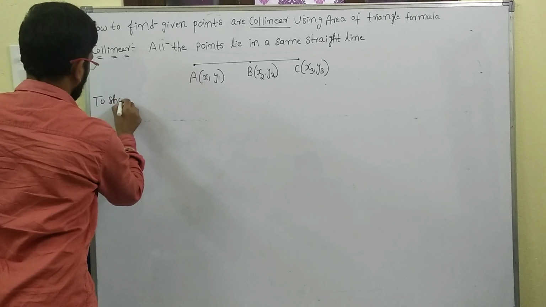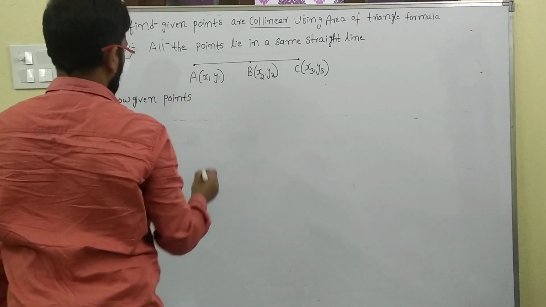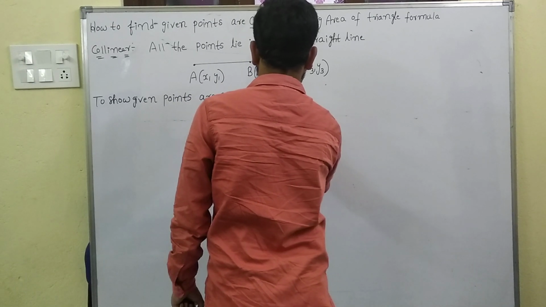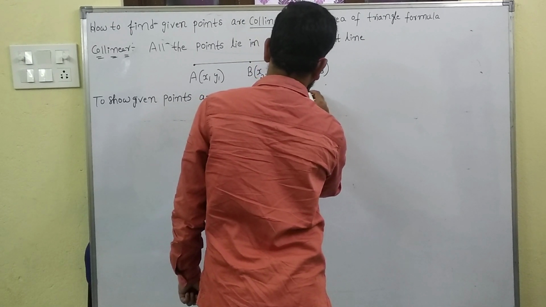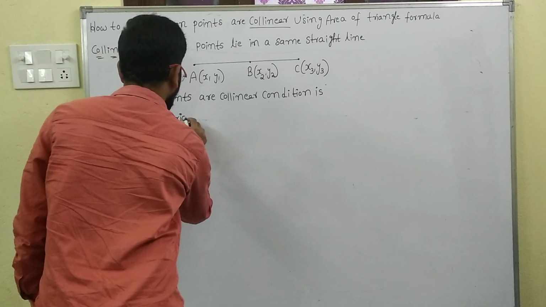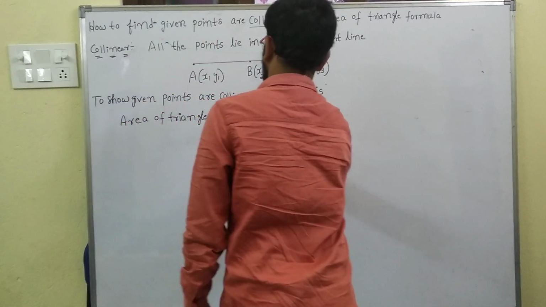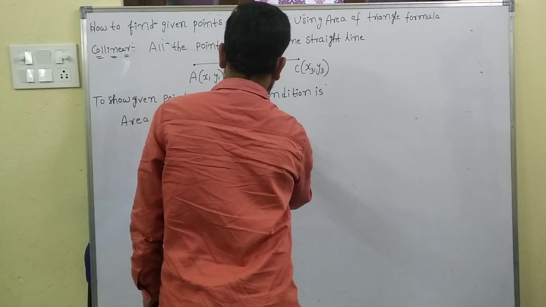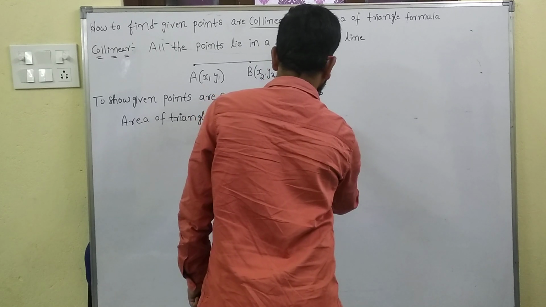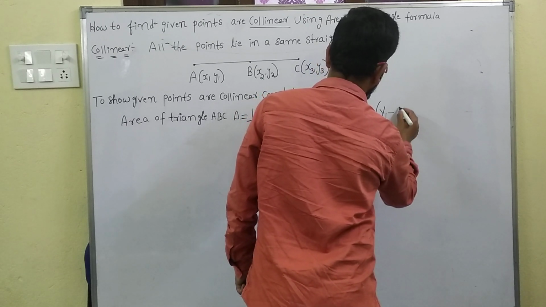To show the given points are collinear, the condition is: area of triangle ABC, that is delta, equals half into modulus of x1 into (y2 minus y3) plus x2 into (y3 minus y1) plus x3 into (y1 minus y2).